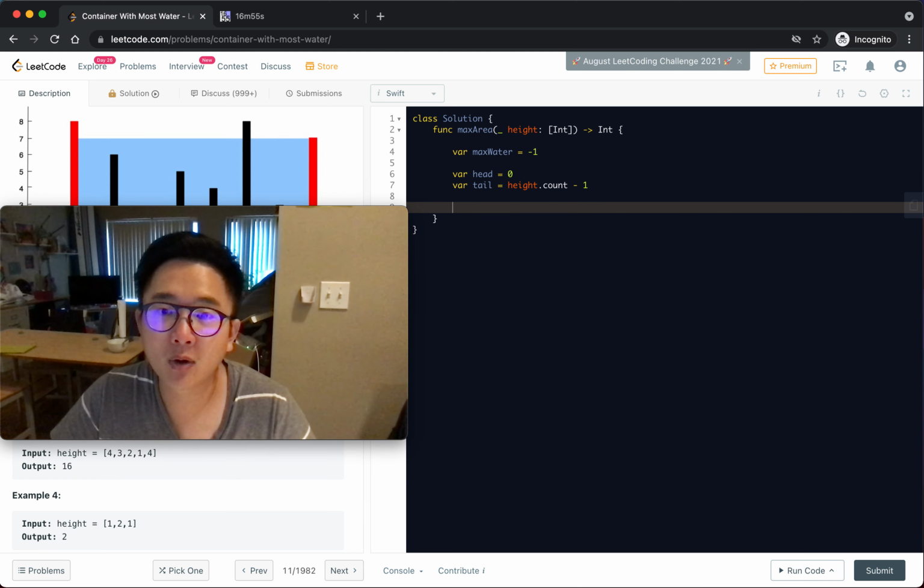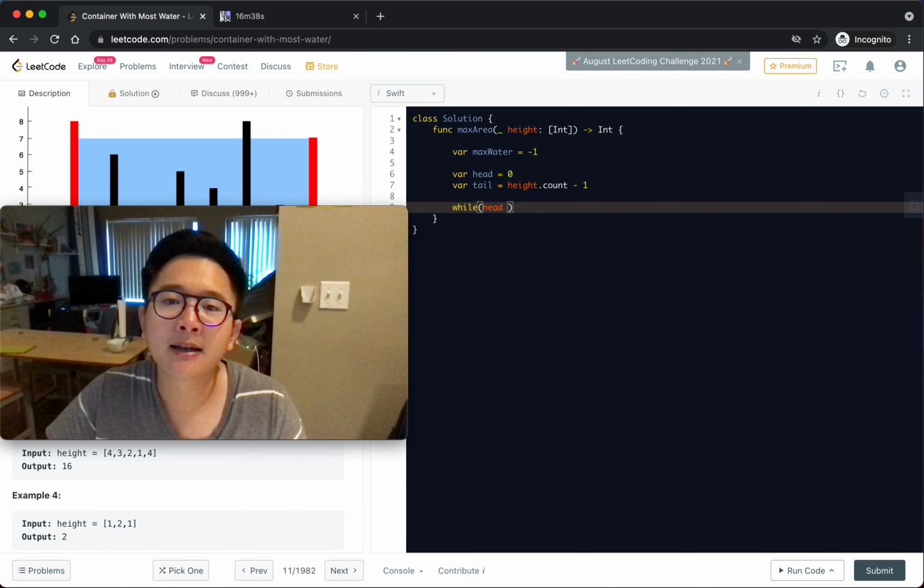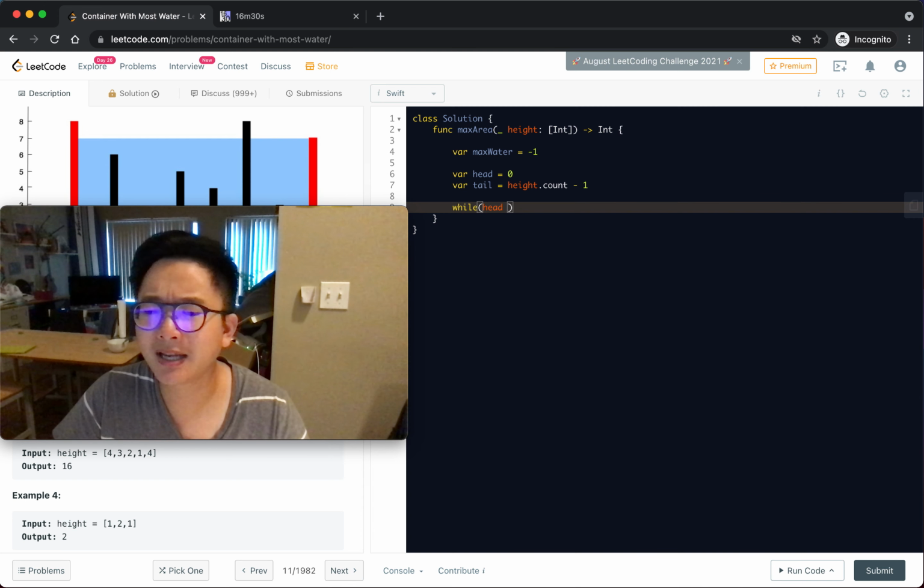Okay, so they're going to start from both ends of the array, and we want the head to stay smaller than the tail, and if they meet, then there's no need to do the calculation, right?